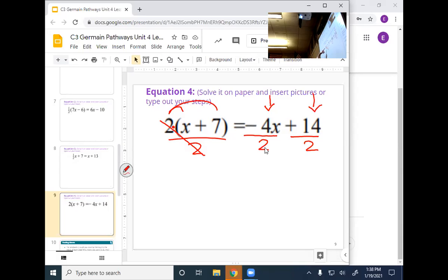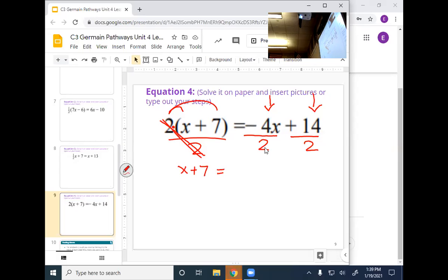When I divide by 2 here, what am I going to be left with on the left-hand side? The 2's are gone, so I'm left with just what? Yes, very good. If you divide, you're left with what's inside the parentheses: x plus 7 is equal to.